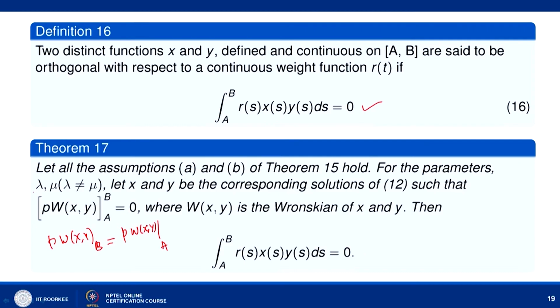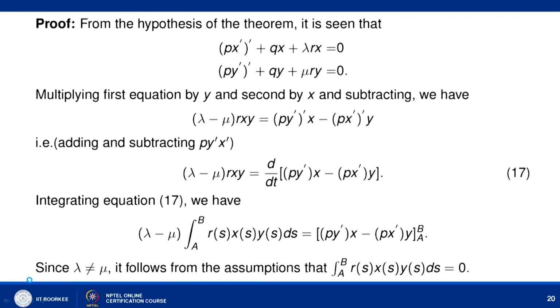It means that when lambda and mu are not equal, then corresponding to lambda, let us say x is the solution of the Sturm-Liouville boundary value problem, and corresponding to mu we have y as a solution of the boundary value problem, then x and y are orthogonal to each other with respect to the weight function r(s). This is true when we have the following condition. So, let us prove this.